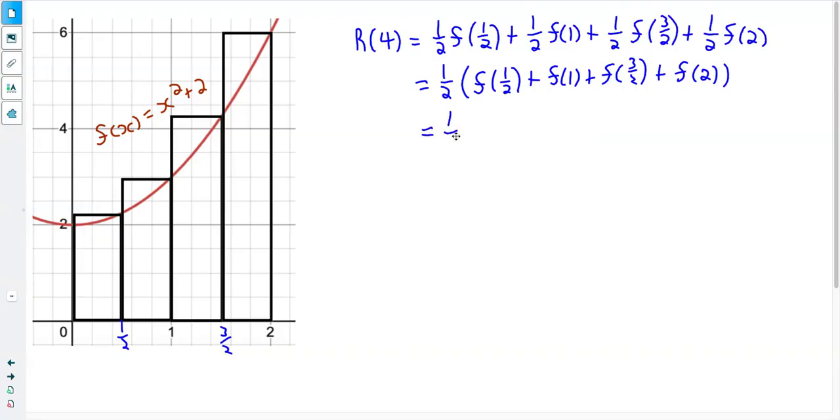Some of these we already calculated with the last example. So f of 1/2 from that last one we already knew was 9/4. F at 1 we knew was 3. F at 3/2 we knew was 17/4. And then if we substitute 2 in for x here, that gives us 6.